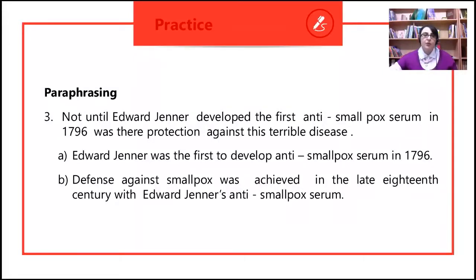Now, number one: Edward Jenner was the first to develop smallpox serum in 1796. Number two: defense against smallpox was achieved in the late 18th century with Edward Jenner's anti-smallpox serum. Which gives accurately all the idea that is in the original sentence? Who can tell me? Not until Edward Jenner developed the first anti-smallpox serum in 1796 was there protection against this terrible disease.